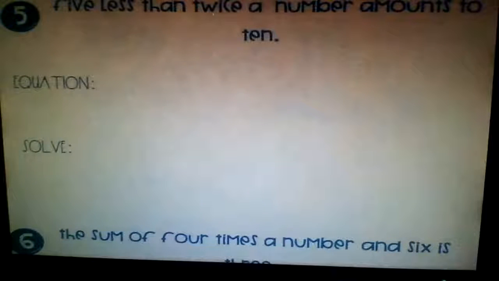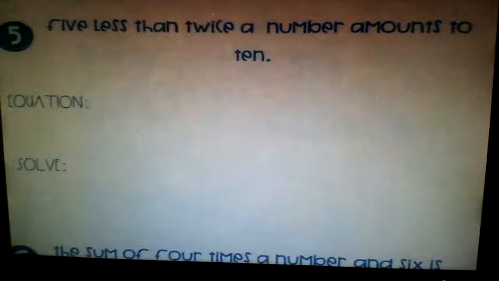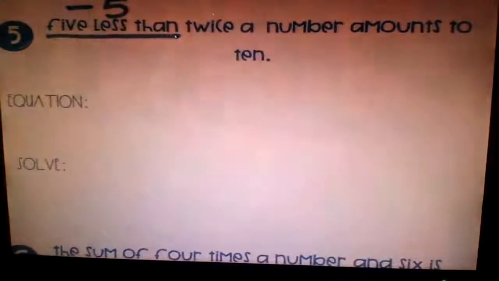Okay, so we're going to break this down. 5 less than. What does that mean? That means I'm taking away 5. Okay, I'm removing 5. So this means I need to subtract 5.